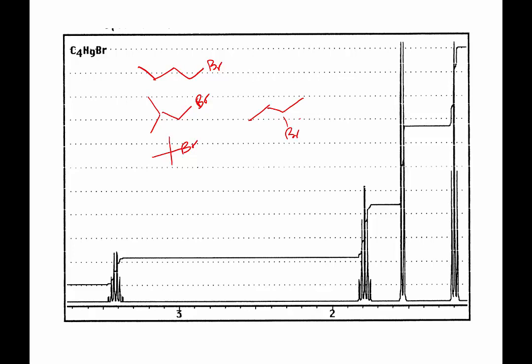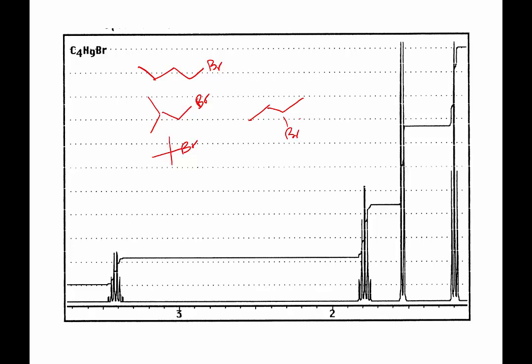For instance, for each one of those molecules, how many sets of hydrogens do you expect? How about for the n-butyl? How many sets of non-equivalent hydrogens do we have?